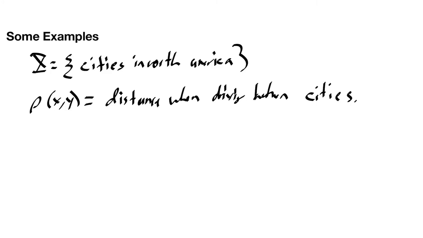And what you can see is that this has got to be a metric, because the distance is only 0 if the city is the city itself. We probably have to be a little bit more clear about what this distance is. Maybe you're going from the heart of the city or something. But the distance is only 0 if you're staying in one spot. And then the distance from, say, LA to San Francisco is the same as the distance going backwards from San Francisco back to LA.